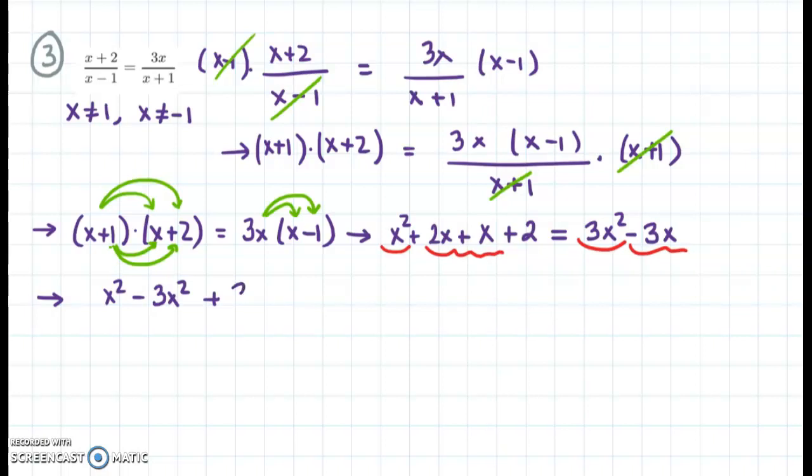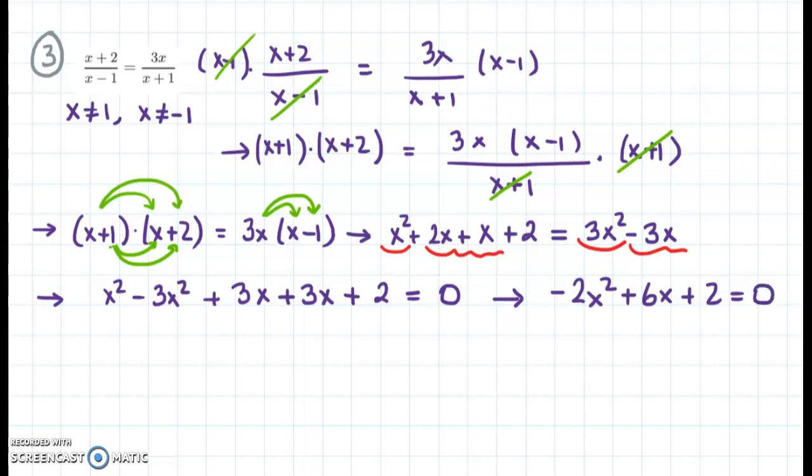So we have plus 3x and then plus 3x more from the other side. And then we have plus 2. So we have negative 2x squared plus 6x plus 2 is equal to 0.